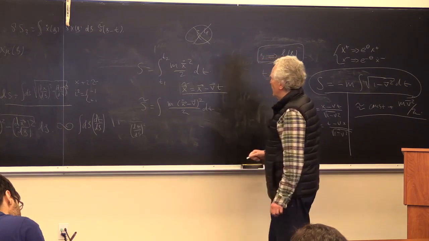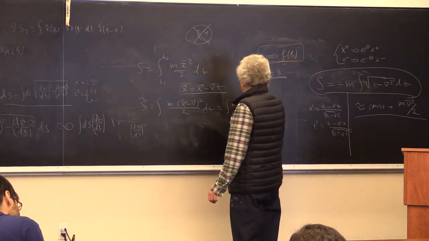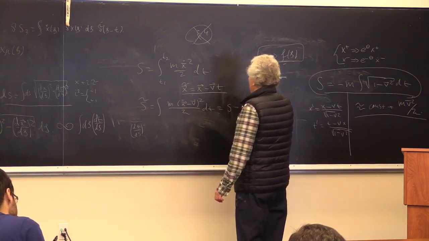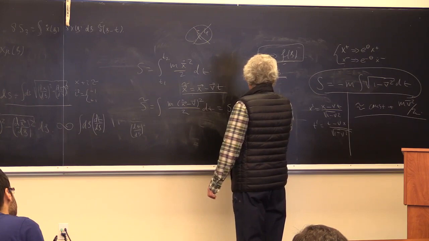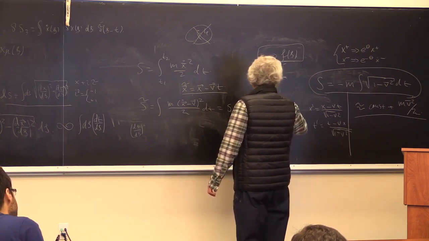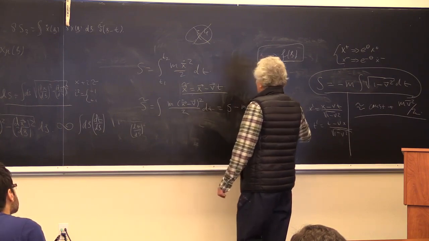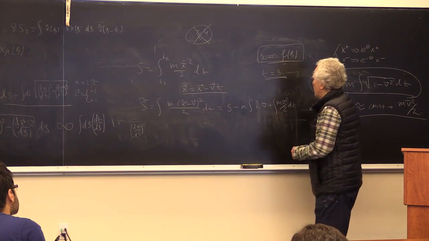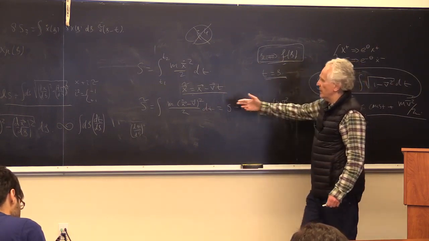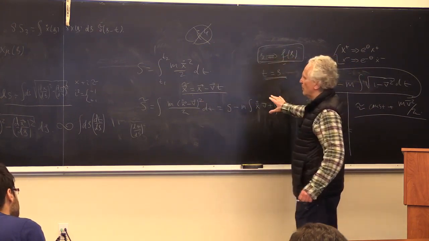Okay? So the action changes. We have the old action minus m integral x dot v, plus m v squared divided by 2. The last term is just a constant, since v is a constant, so it doesn't change the equation of motion.